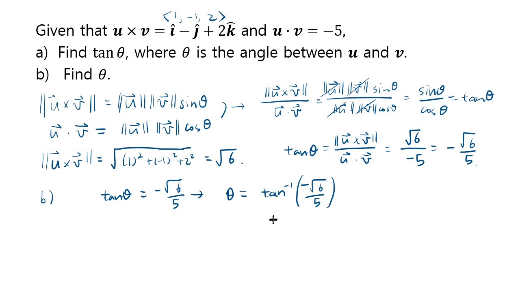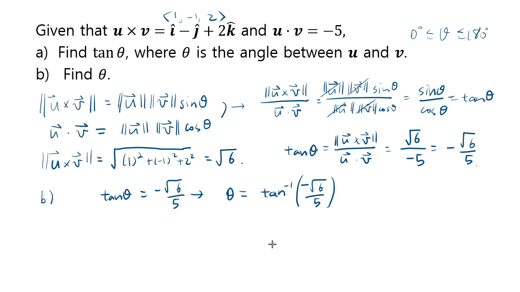This is almost true, except that if your tangent value is negative, then tangent inverse gives you a negative value. But angle theta is between 0 and 180 degrees, right? So you can't have a negative value.